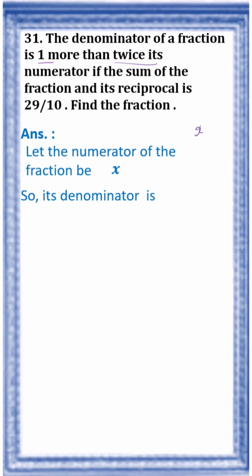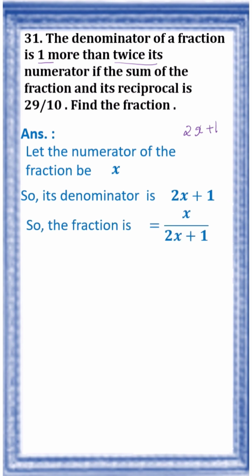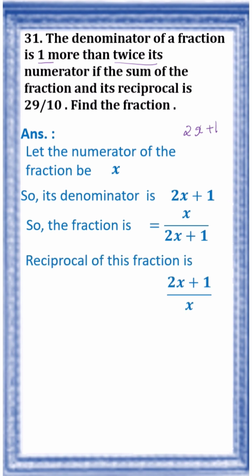Numerator is x, twice its numerator is 2x. 1 more, so 2x plus 1. So the fraction is x upon 2x plus 1. Its reciprocal is (2x plus 1) upon x.